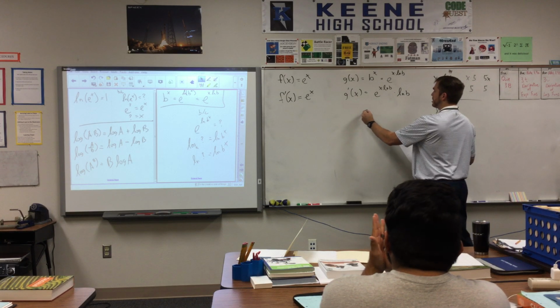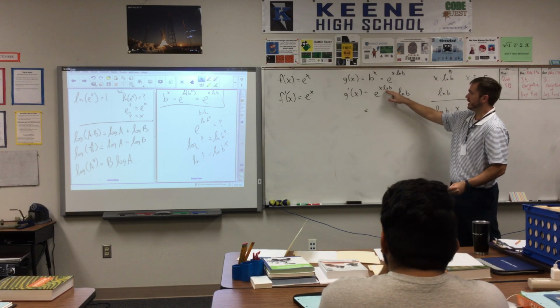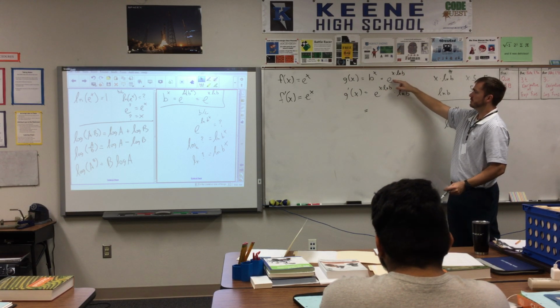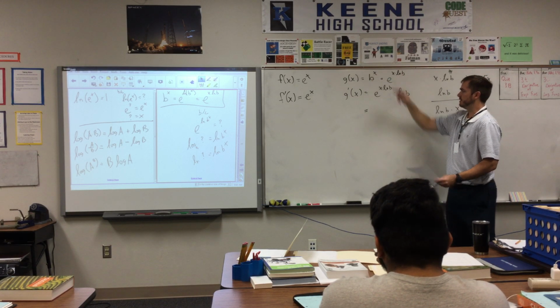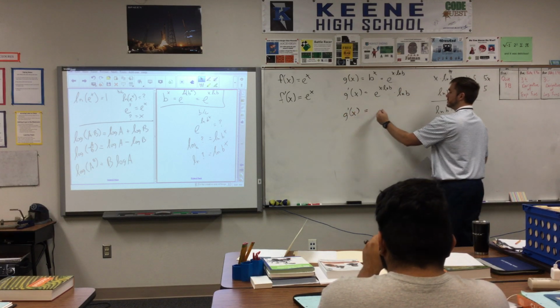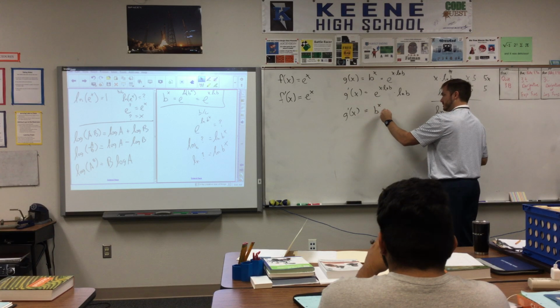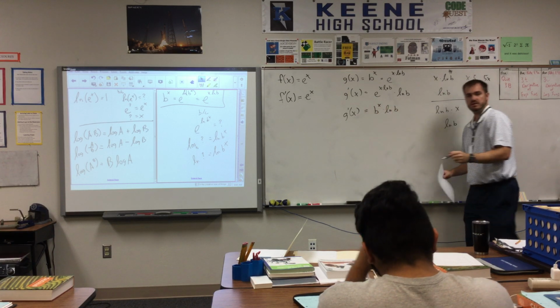Okay? Well, here's a weird thing. e to the x ln b is what I said b to the x was. So g prime of x is equal to b to the x times ln b.